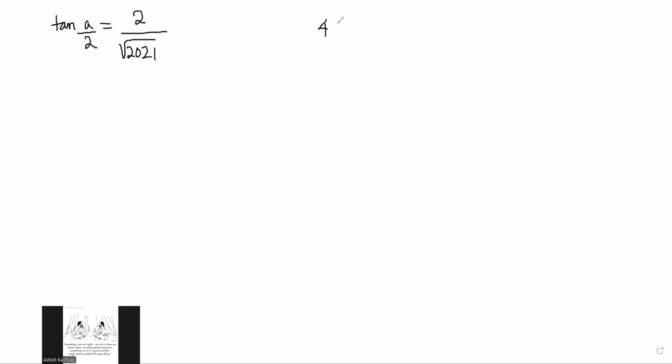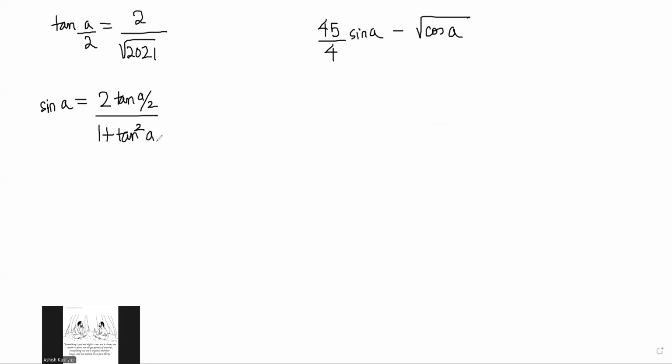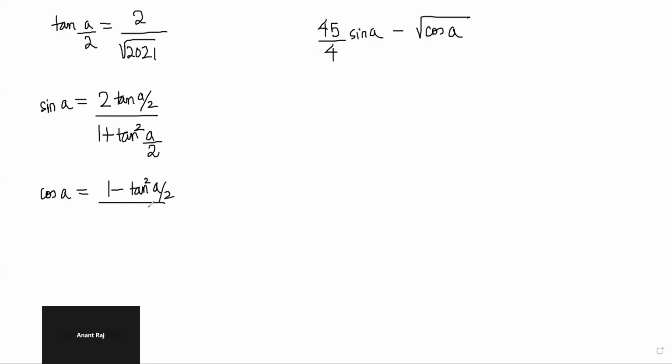And we have to find out the value of 45 by 4 sin A minus root cos A. And this is where the standard identities will be very useful. Sin A is 2 tan A by 2 by 1 plus tan square A by 2. Everyone knows this. Similarly, cos A is 1 minus tan square A by 2 by 1 plus tan square A by 2.